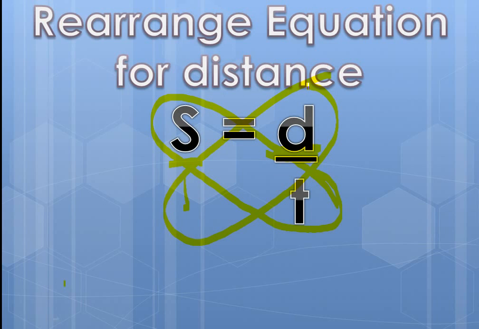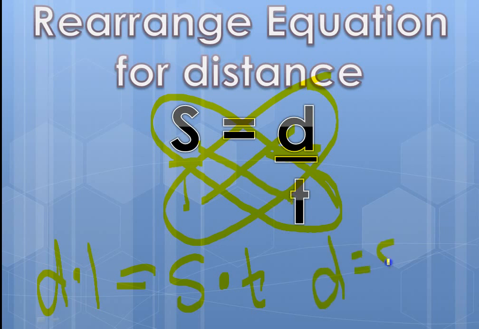So you would say distance times 1 equals speed times t, speed times time. So really, the formula is distance equals speed times time. That's the formula for distance. Distance is speed times time.